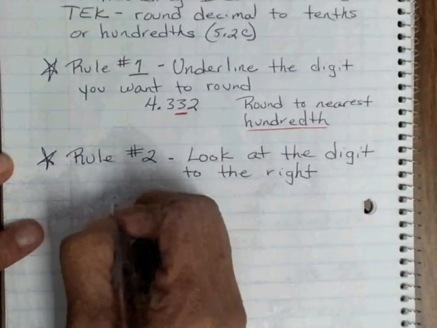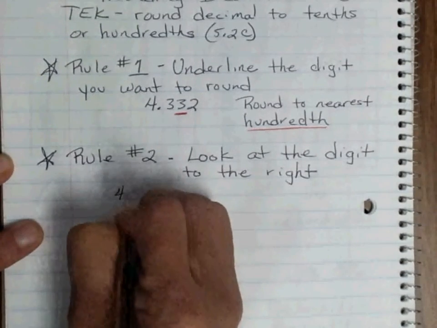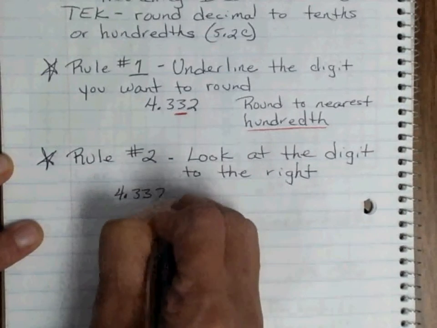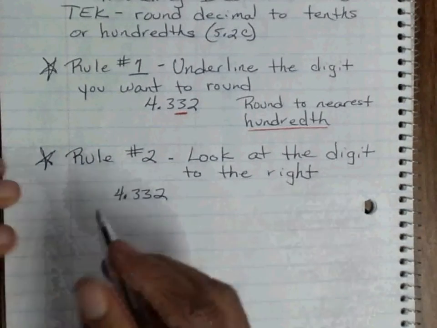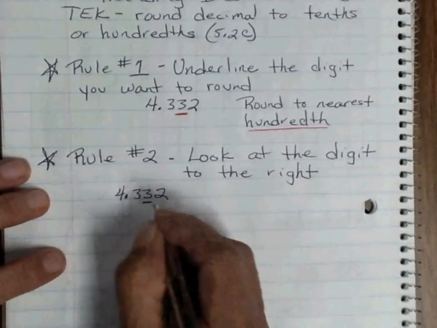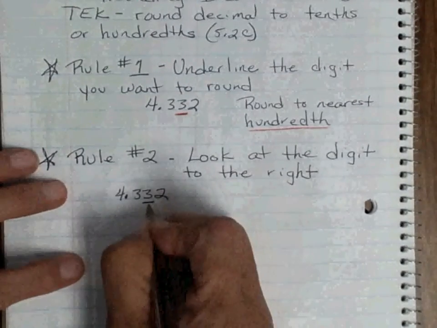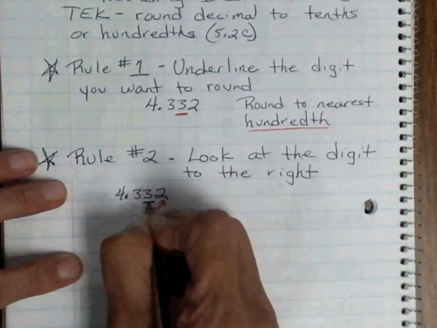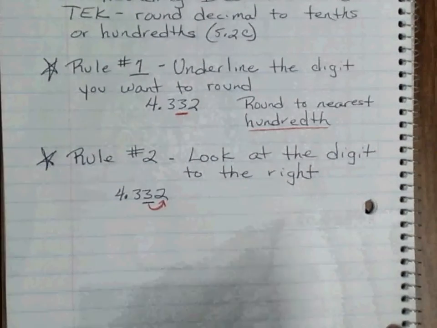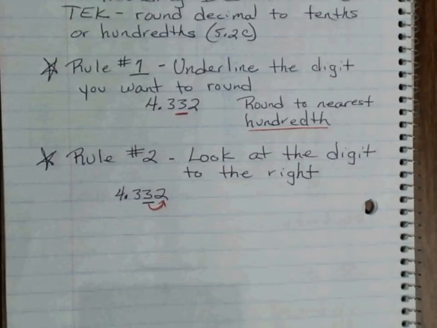Here's our number again, 4 and 332 thousandths. The digit to the right is the 2, so I'm going to draw an arrow to it. I'm looking at the digit to the right.